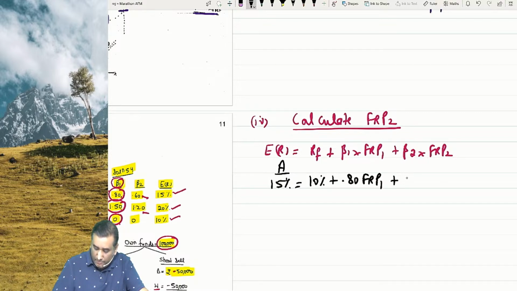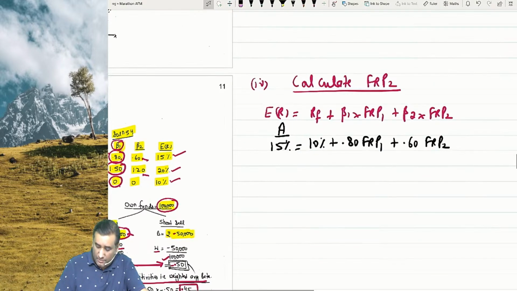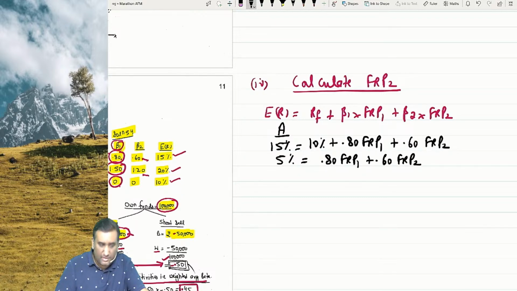Beta 2 is 0.6. So this will become 15% equals 10% plus 0.8 FRP1 plus 0.6 FRP2. This is equation number 1.